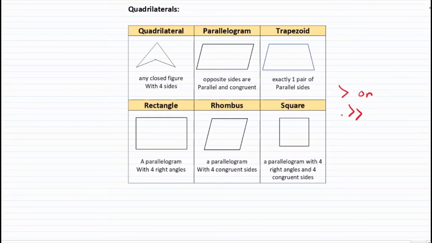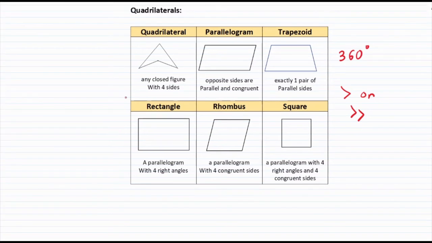The sum of the measures of the interior angles of a quadrilateral is always 360 degrees.